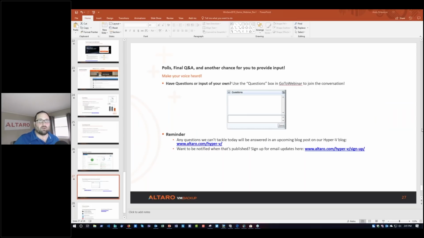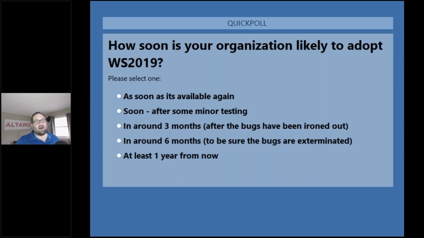We have another poll here centered more around adoption. When do you think you're going to adopt Server 2019? And I'm fairly certain I know exactly how this one's going to turn out, especially after the recent issues surrounding its release, but I'm kind of curious anyway.